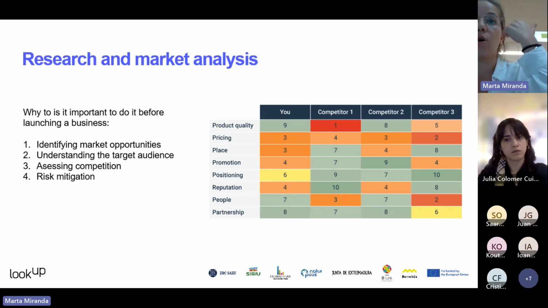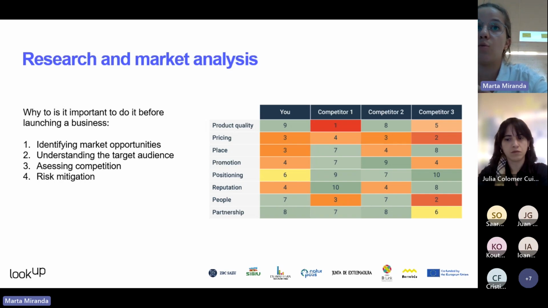First of all, we might identify market opportunities. This research will help us identify gaps in the market, areas where there is a need for a particular product or service, and by identifying these opportunities, the business can tailor their offerings to meet the needs of their target audience and stand out from competitors.